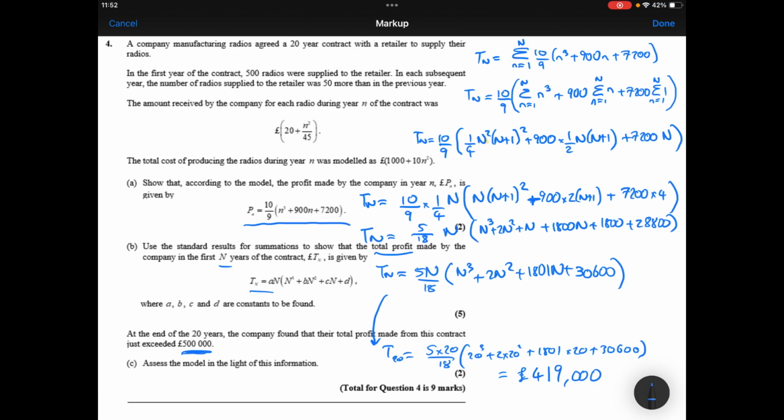So I'm just going to conclude here and say this is less than reality, or this is less than actual value. So the model is inaccurate. And we're done.